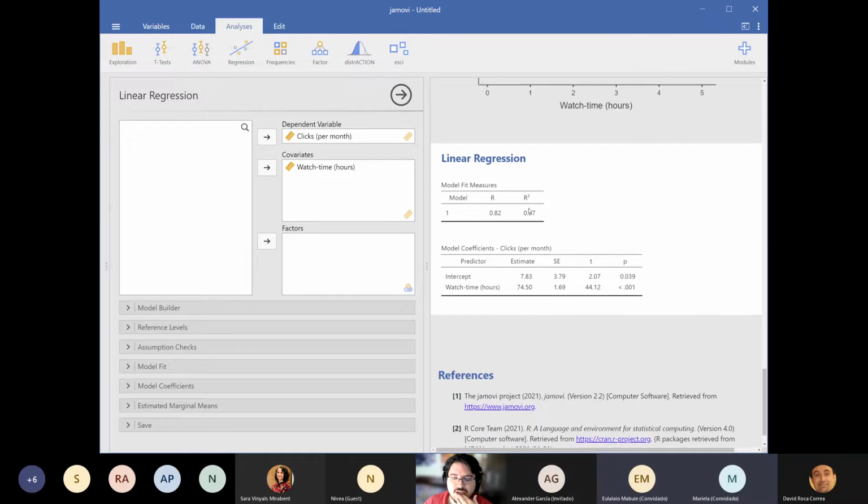And we get another thing, which is the R squared, okay? Which is 0.67. So this R squared goes from 0 to 1, unlike the Pearson's R, which goes from -1 to 1.